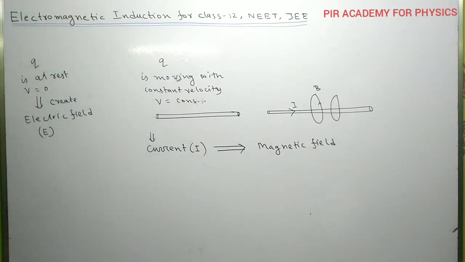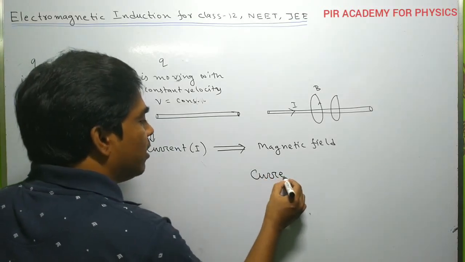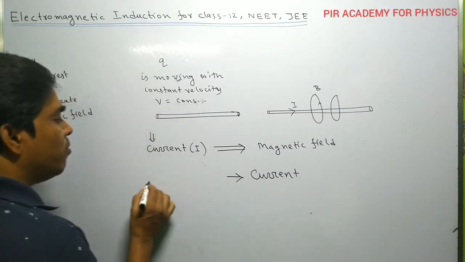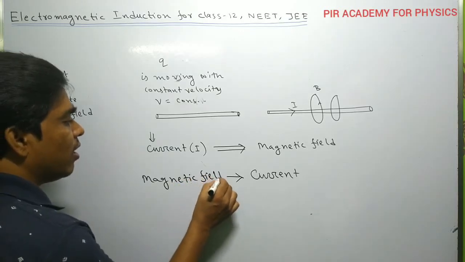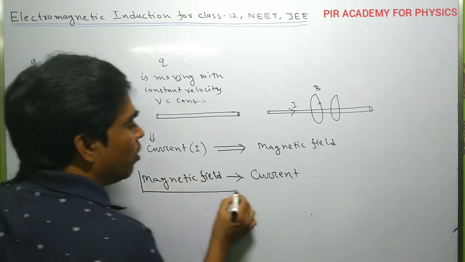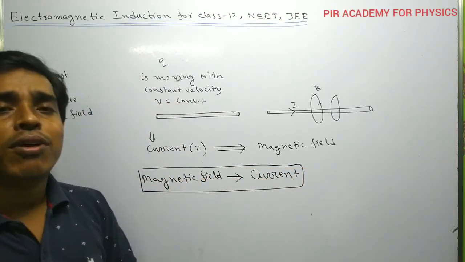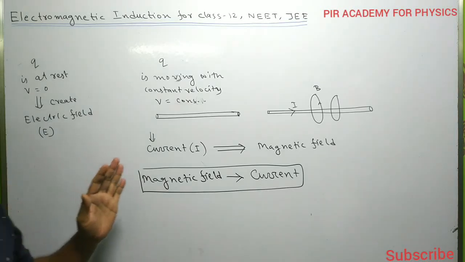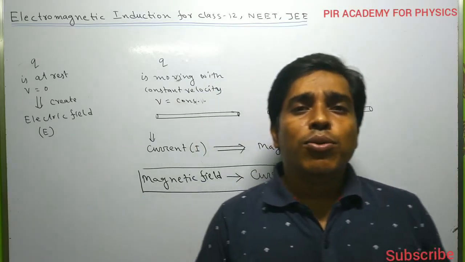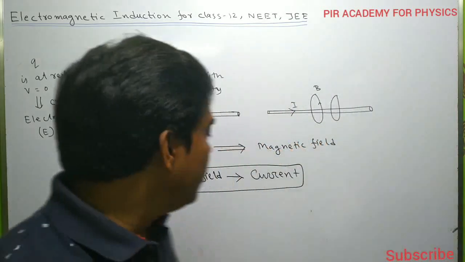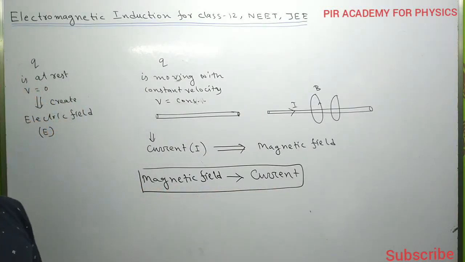Now you have to know whether it is possible to create current with the help of a magnetic field. In electromagnetic induction we have to learn the process and theory to create current with the help of a magnetic field.